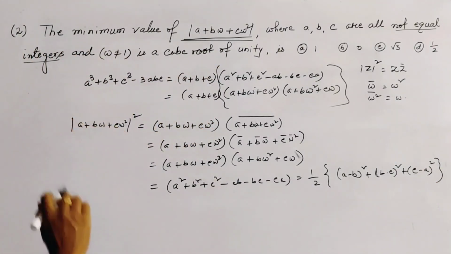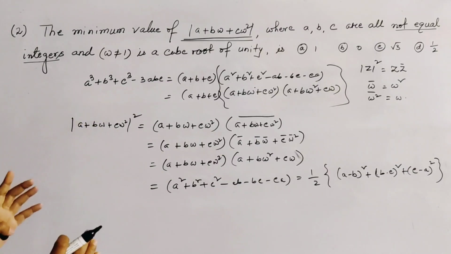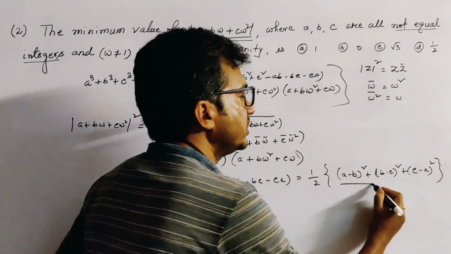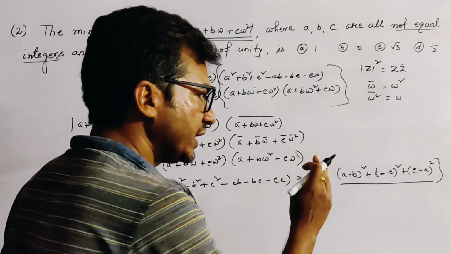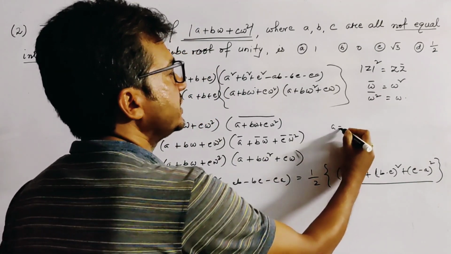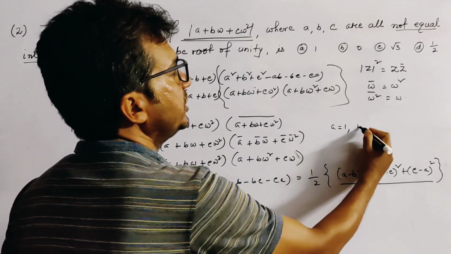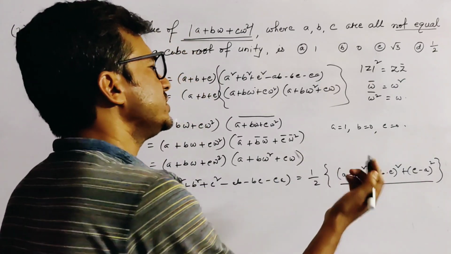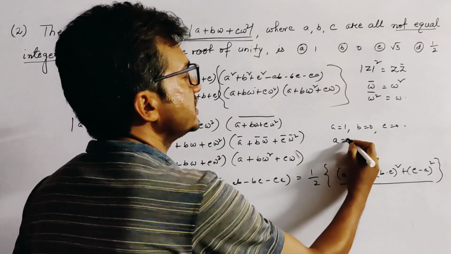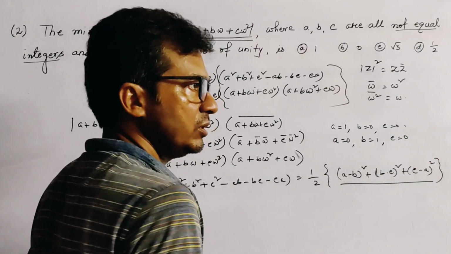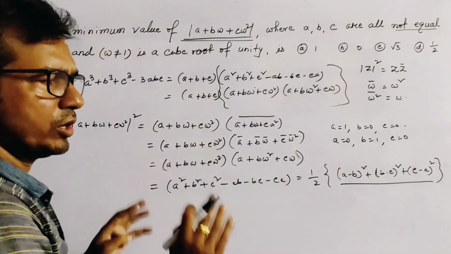Here it is given that a, b, c are all not equal integers. Now for the minimum value of this expression, we must take a equal to 1, b equal to 0, and c equal to 0. Otherwise we may take a equal to 0, b equal to 1, or c equal to 0, and so on.